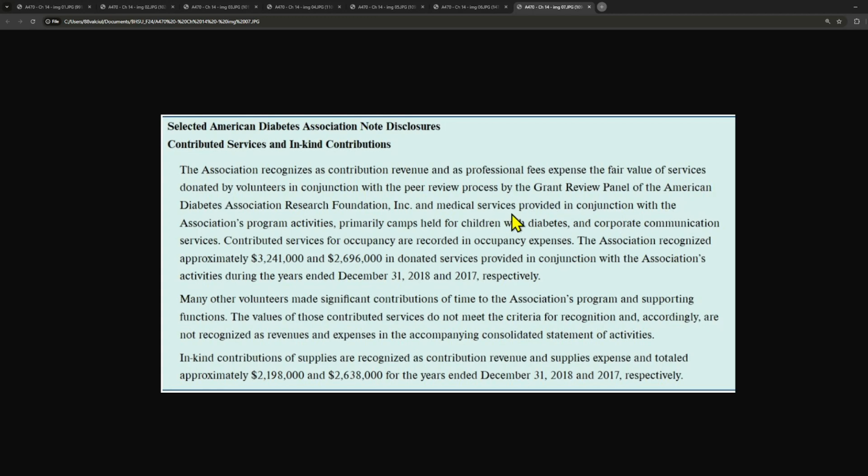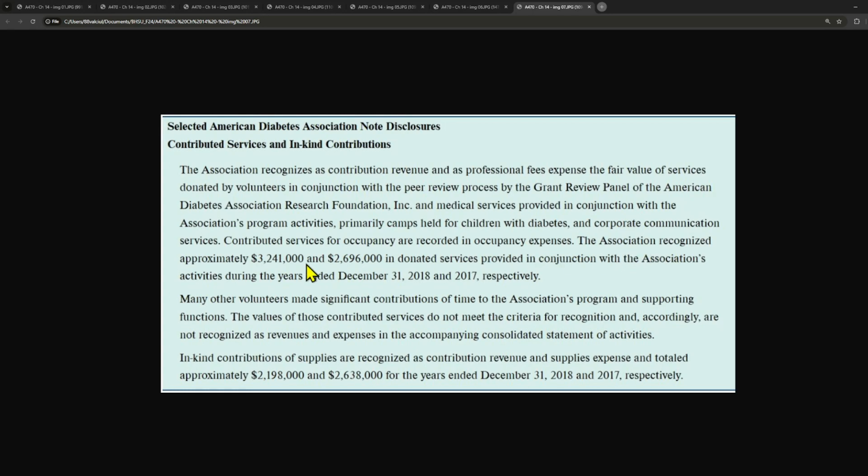So part of the program or the mission provided by American Diabetes requires a certain level of medical expertise, right? So here they're talking about some program activities, camps held for children with diabetes. Well, you need some medical professionals, perhaps nurses or other things like that. So contributed services for occupancy and recorded in occupancy.